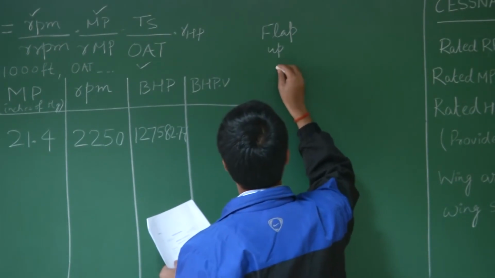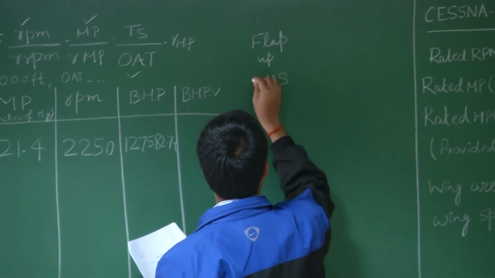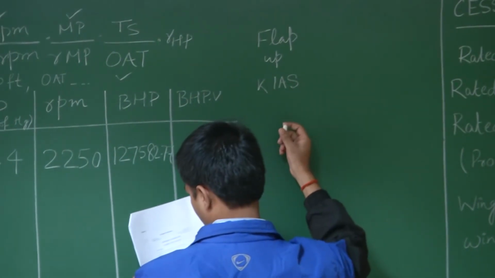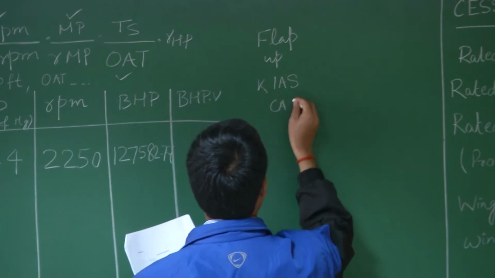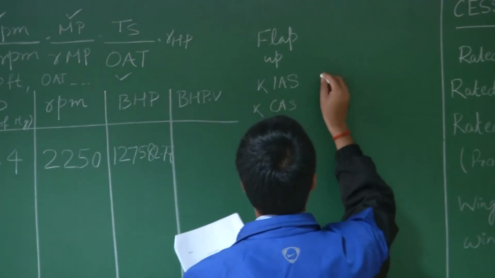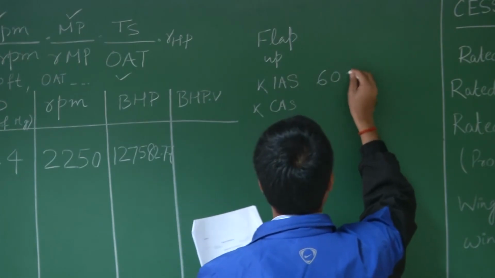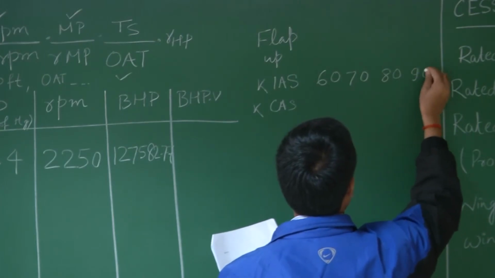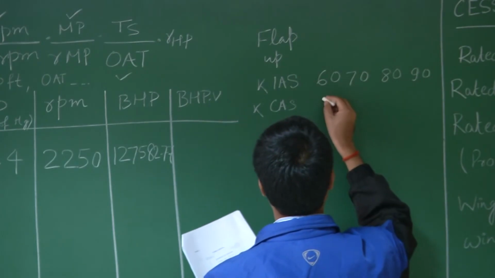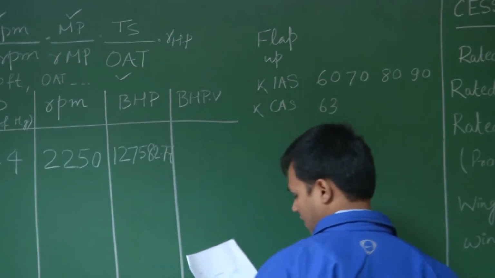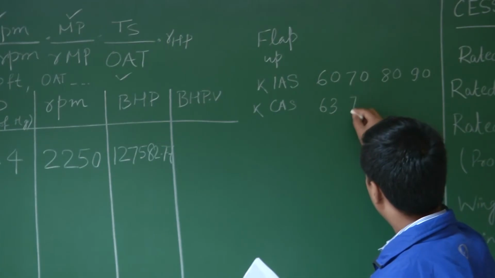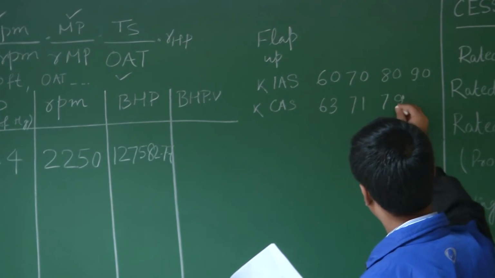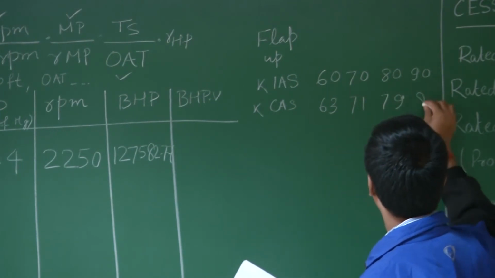If you got the reading for indicated airspeed in knots, then you can have the corresponding calibrated airspeed, CAS in knots. If you have 60, 70, 80 and so on, I am not writing all the numbers. Just to show you, for 60 it becomes 63 as per the specification, for 70 the corrected value is 71, for 80 it is 79, and for 90 it is 89.